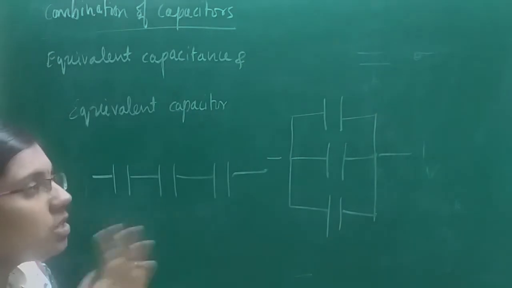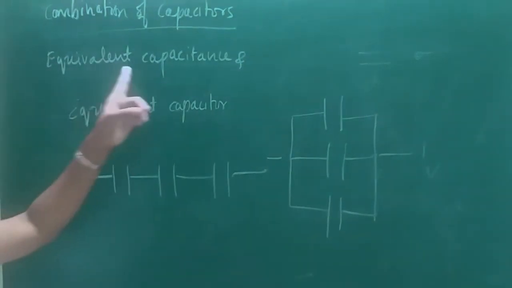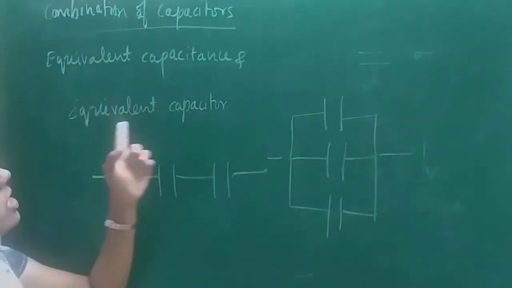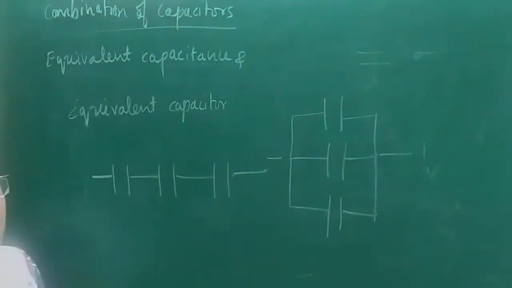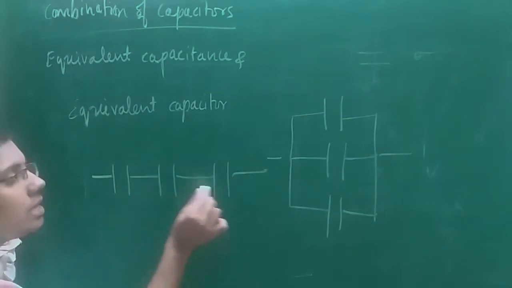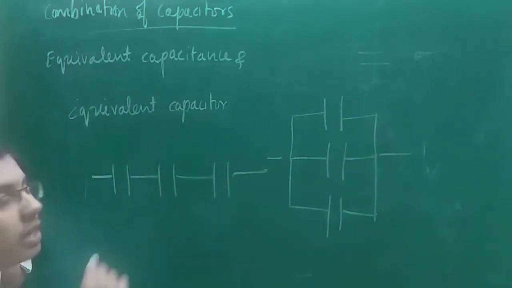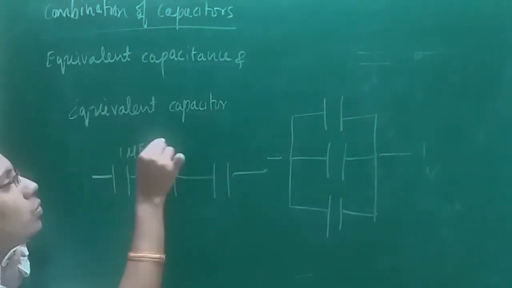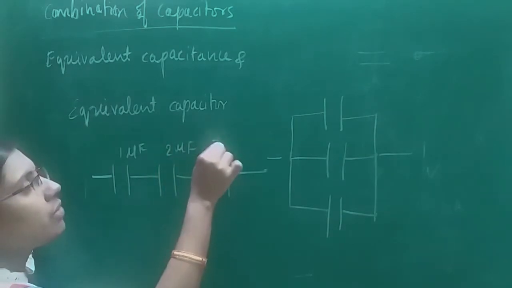Now, what is meant by equivalent capacitance and equivalent capacitor? Suppose I combine three capacitors, for example 1 microfarad, 2 microfarad and 3 microfarad.